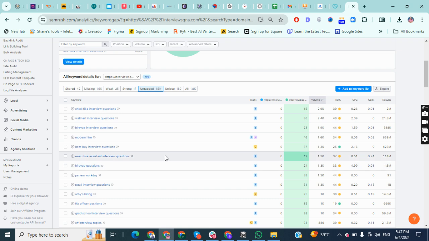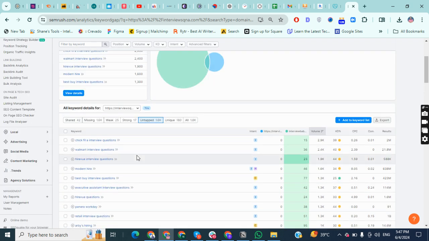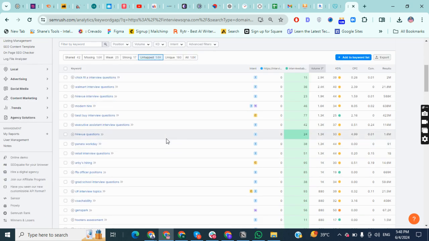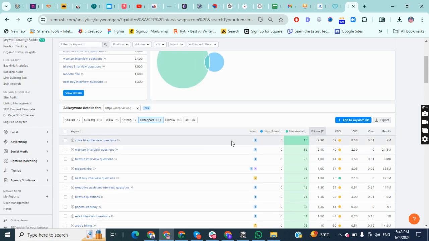SEMrush is telling us that we should target these keywords, work on these keywords as well, because our competitor already has a good position on these keywords.